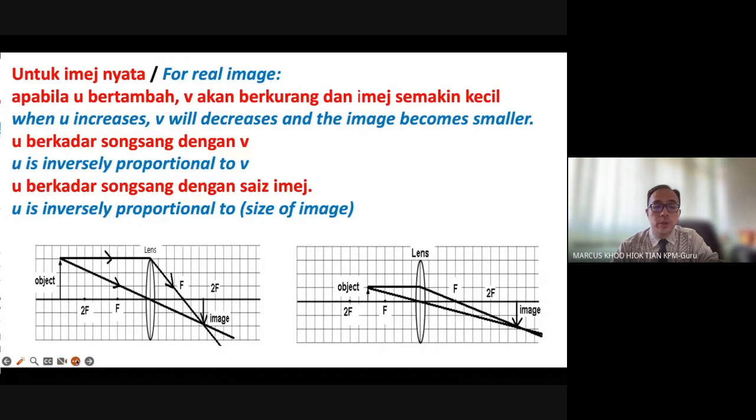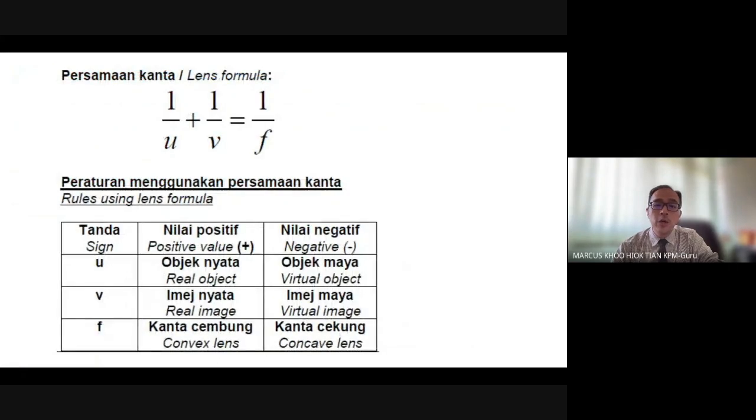Let's continue. Now we come to the second main event, which is the thin lens formula. The thin lens formula is pretty easy to use. There's no need for you to change the unit if every unit is the same. u is the object distance, v is the image distance, f is the focal length.